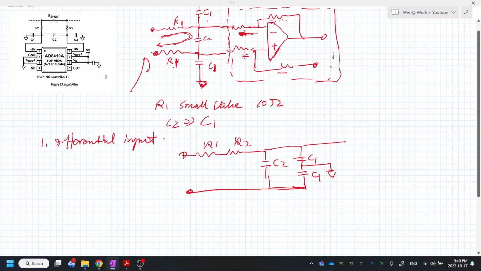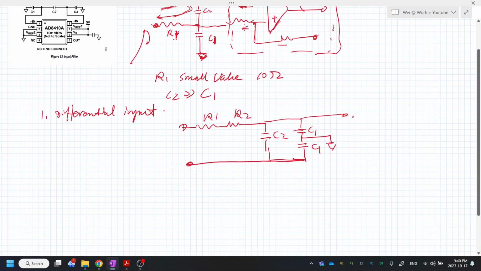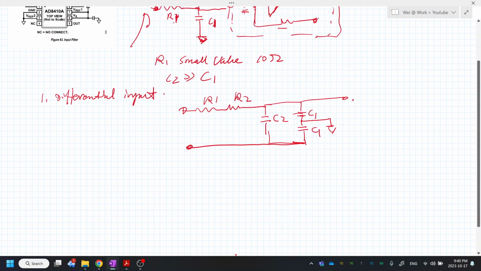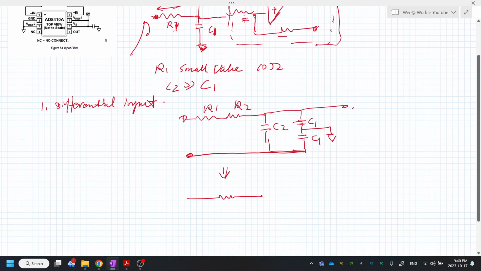And this is basically a typical RC filter. So all we need to figure out is what these values are. This can be further simplified: the two R1 with the same values are 2R1 in series.